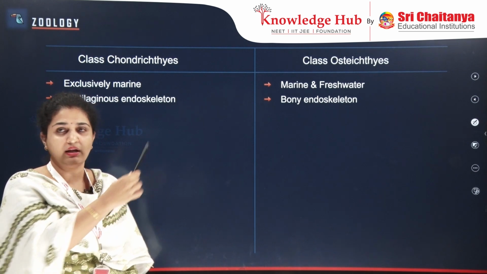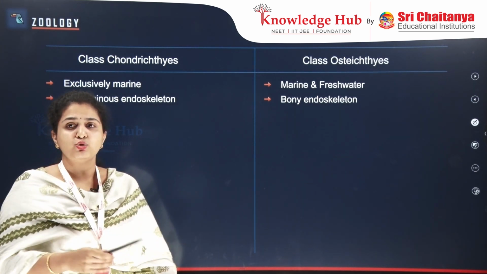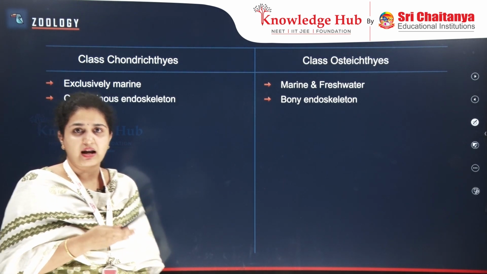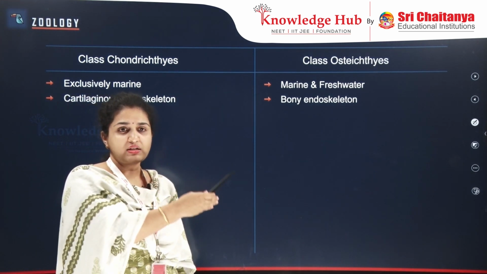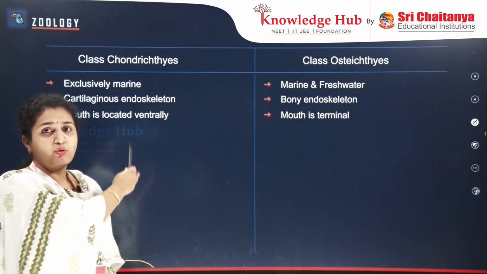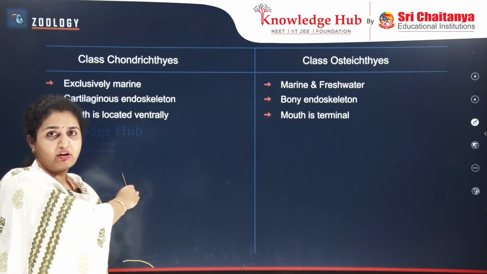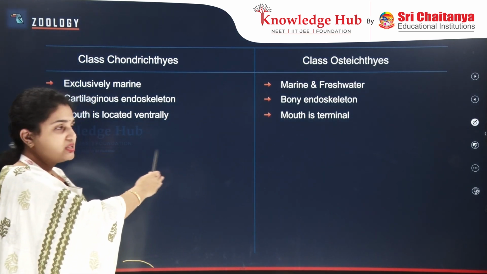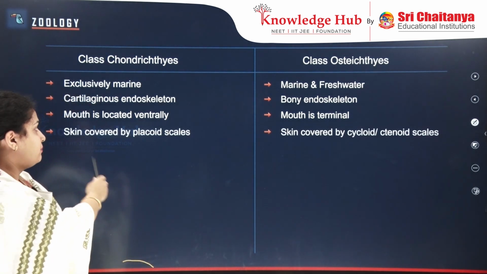Class Osteichthyes has a bony endoskeleton. That's why Chondrichthyes are called cartilaginous fishes and Osteichthyes are called bony fishes. Where is the mouth? Mouth is located ventrally in Chondrichthyes, and in Osteichthyes the mouth is located terminally.